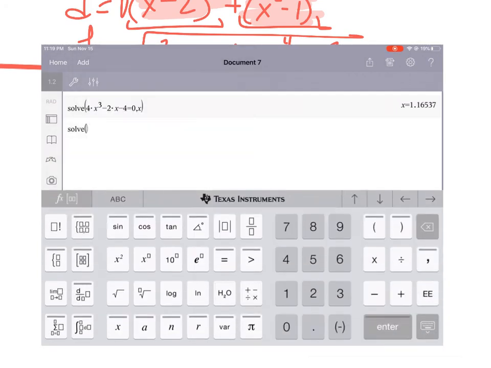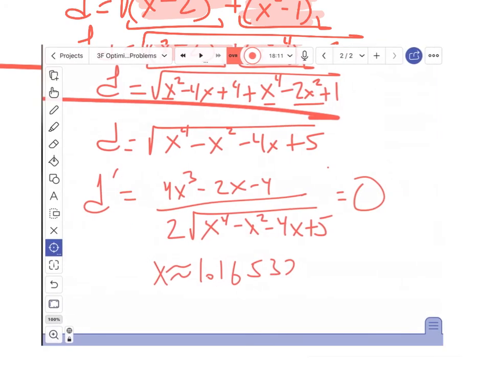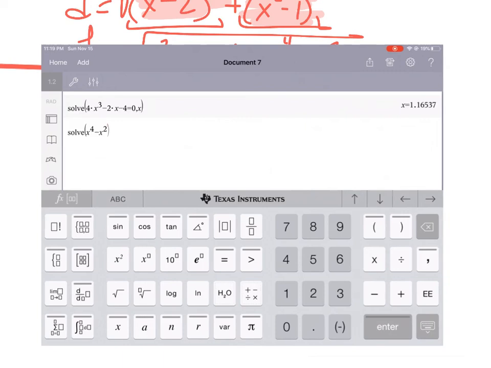We go to Algebra, Solve: x to the 4th minus x squared minus 4x plus 5, set it equal to 0, comma x. This says false, which means that there is no solution. That's what false means. And so we should be fine here.